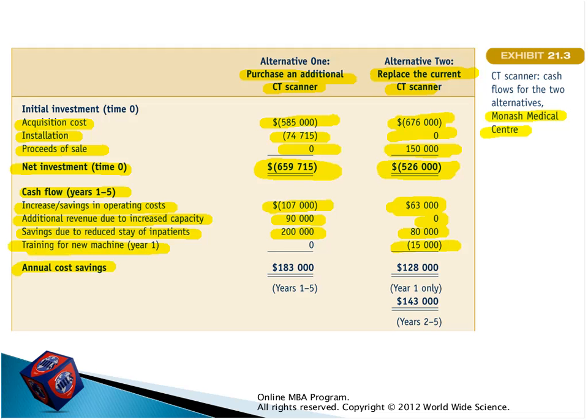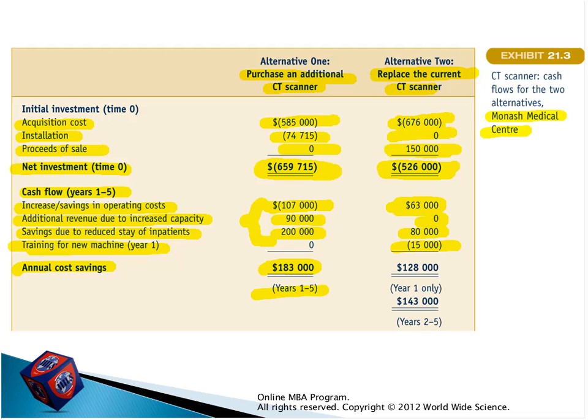In the first project, we will get 183,000 overall. This is the summary of all cash inflows. It brings cost savings or profits of 183,000 over the 5 years.